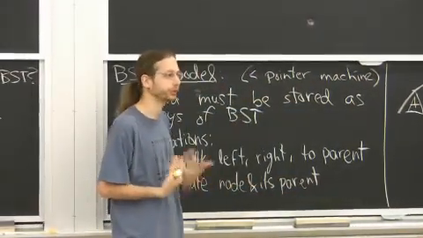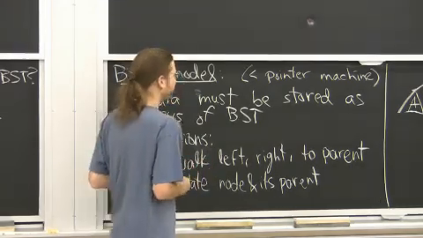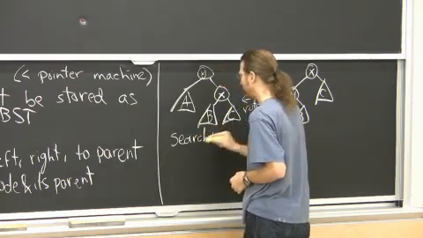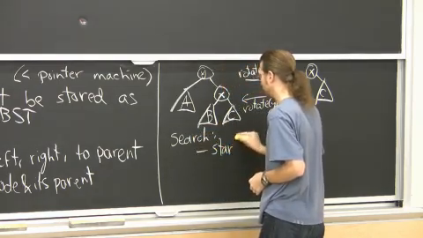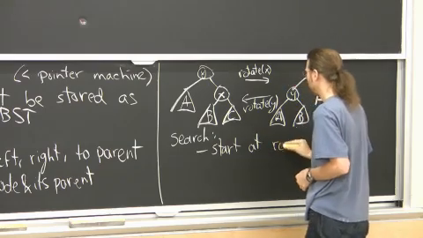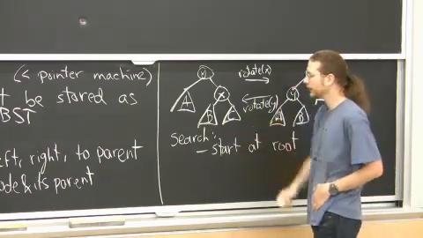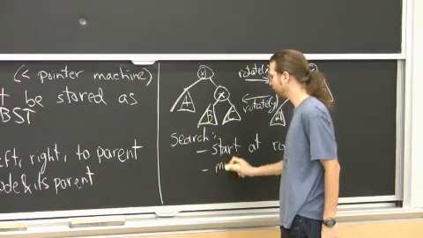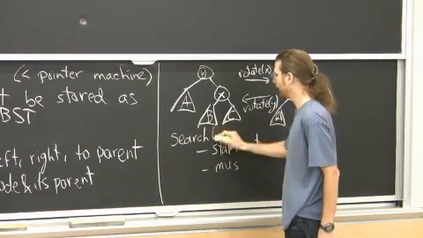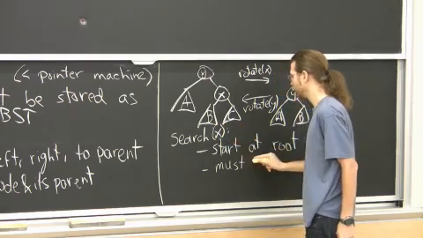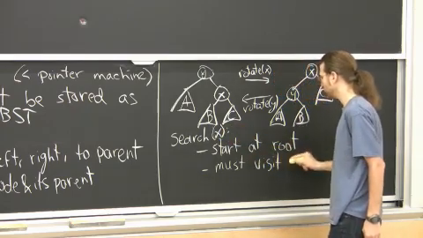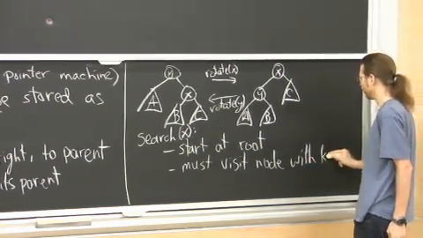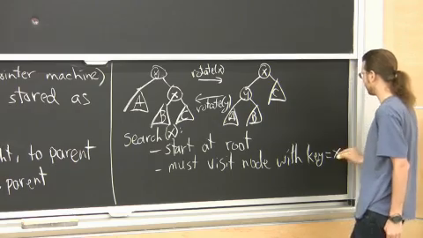So these are the operations you can do, and in this model, really the only thing you can do is a search. Suppose I want to search for a key. The model is to do a search. I start at the root of the binary search tree. I can do these walks, I can do rotations, and if I'm going to search for x, I must visit the node with key equal to x.